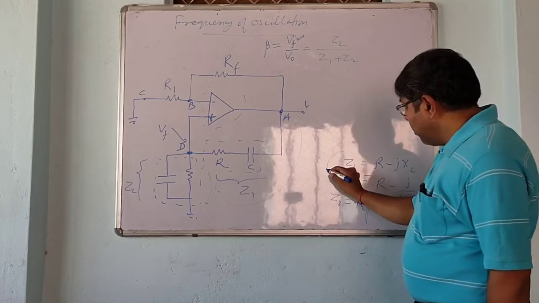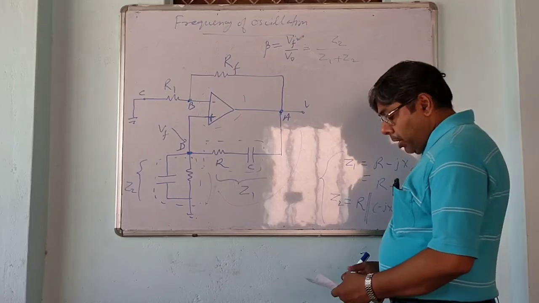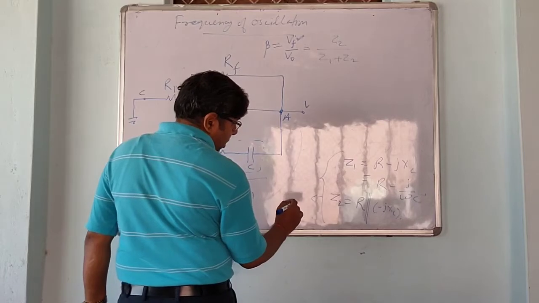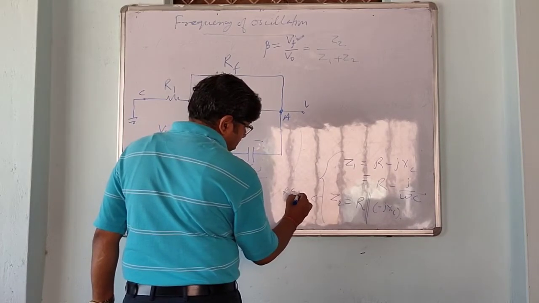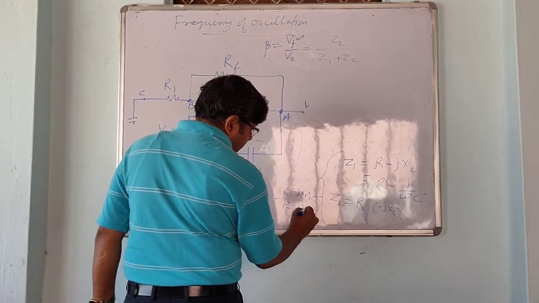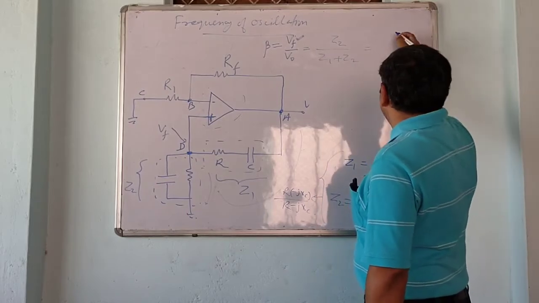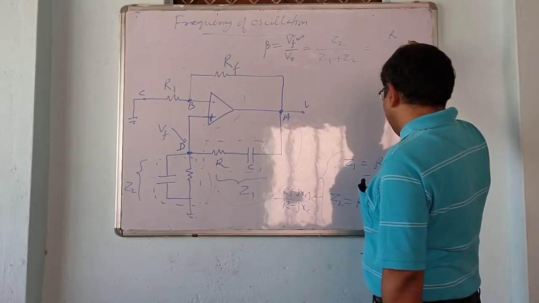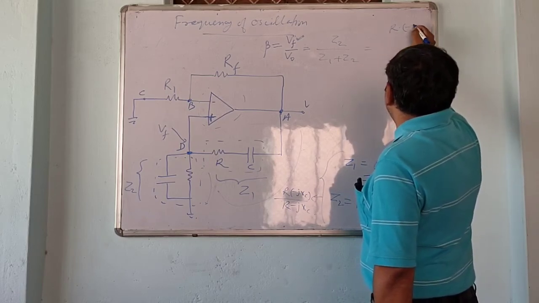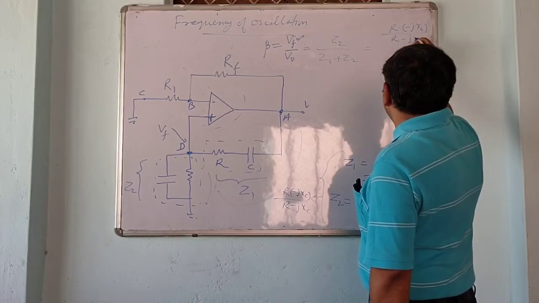So you can replace these values. Z1 is this, Z2 is this. So Z2 is the parallel combination, and the parallel combination for this is R into minus jXC divided by R minus jXC. So this is R into minus jXC upon R minus jXC.